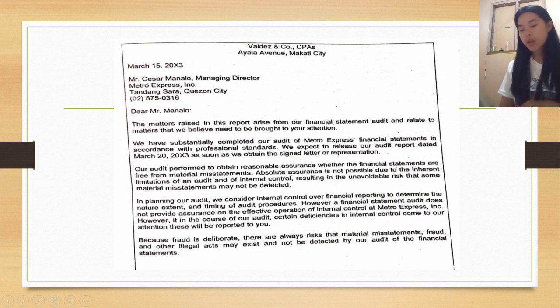Absolute assurance is not possible due to the inherent limitations of an audit and of internal control, resulting in the unavoidable risk that some material misstatements may not be detected. In planning our audit, we consider internal control over financial reporting to determine the nature, extent, and timing of audit procedures. However, a financial statement audit does not provide assurance on the effective operation of internal control at Metro Express Incorporation.